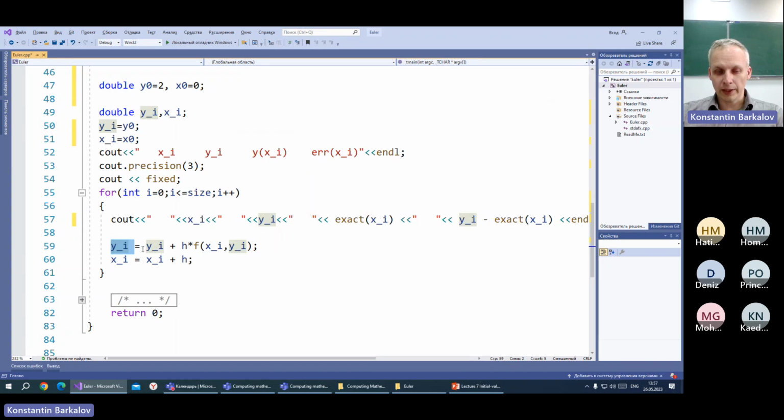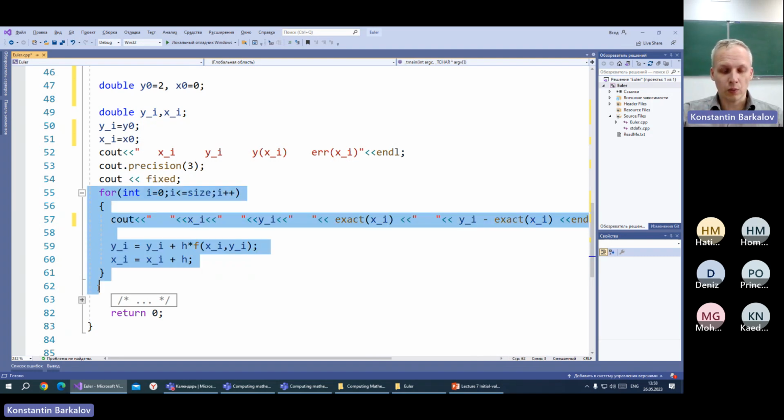So the new value of yi equals yi plus h times f of xi yi. This implementation strictly corresponds to the formula. And that's all. So the solution to this problem can be implemented in only this one loop.